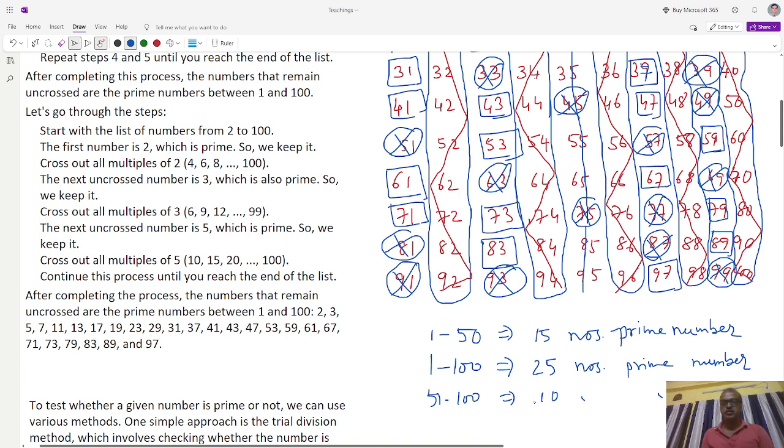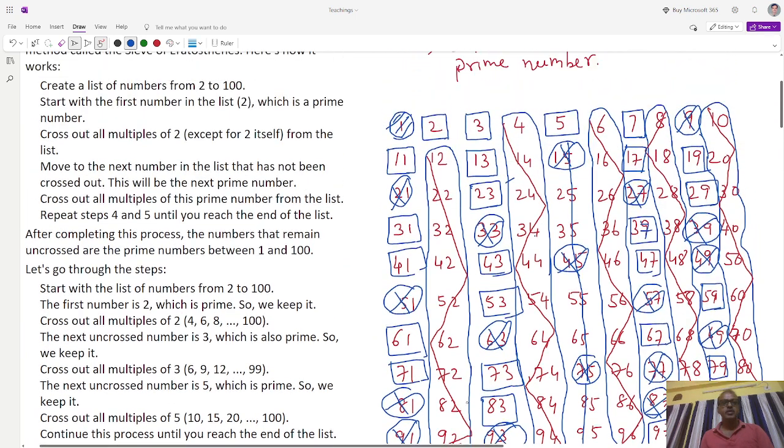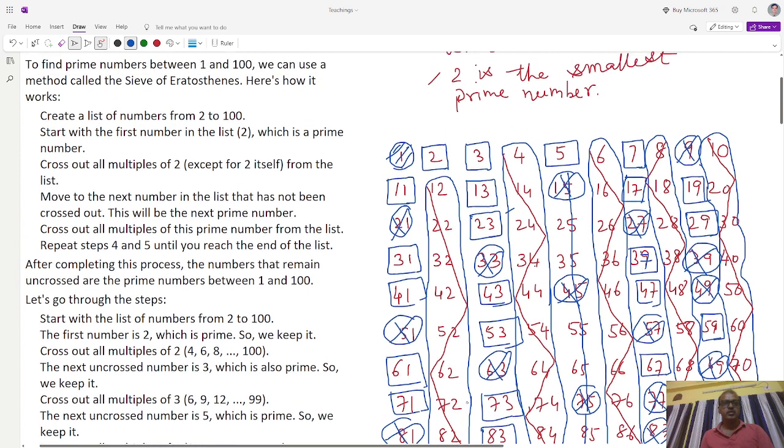So these are not equal to each other, but the range is equal. Here is also within 50 numbers, and here is also within 50 numbers. So the presence of prime numbers is not even in the same intervals. It is to be noted.